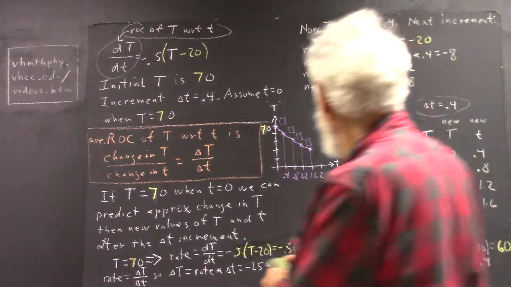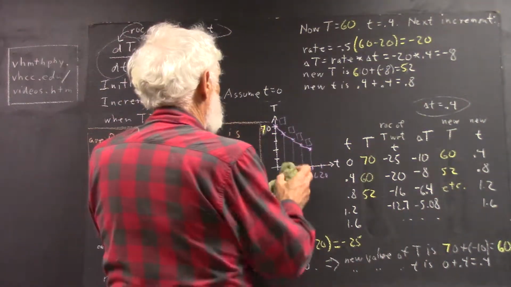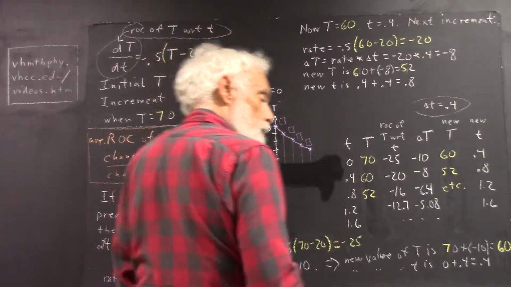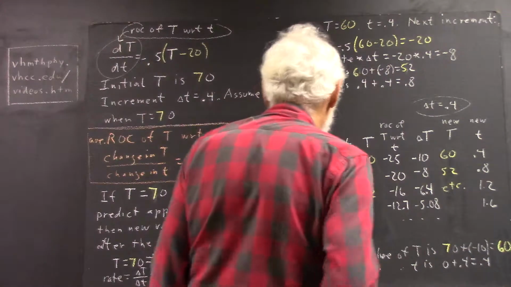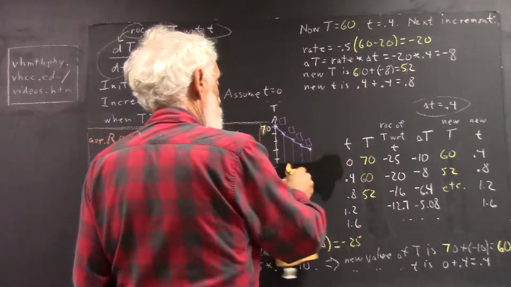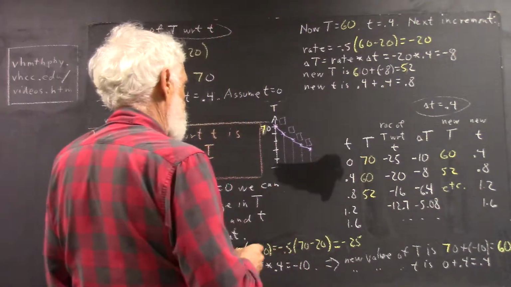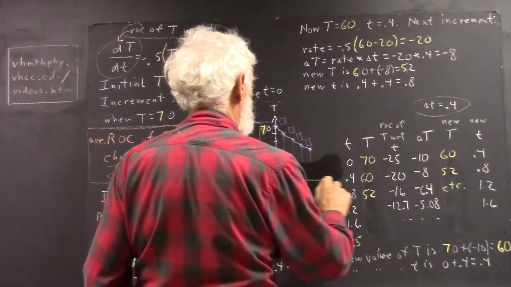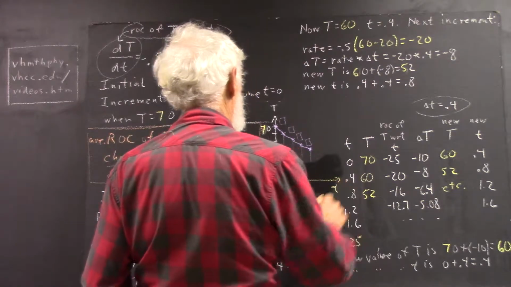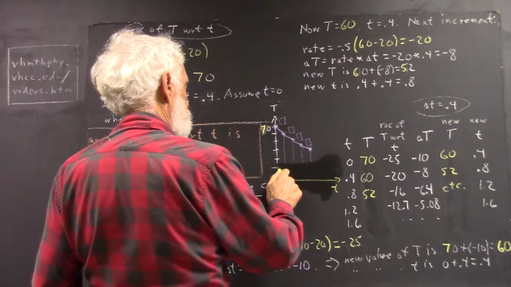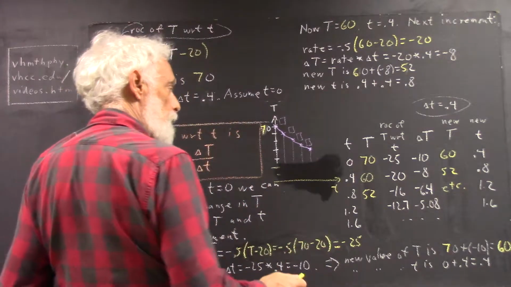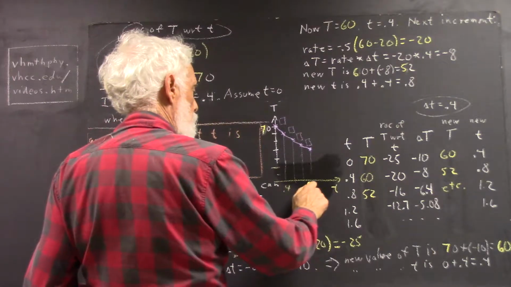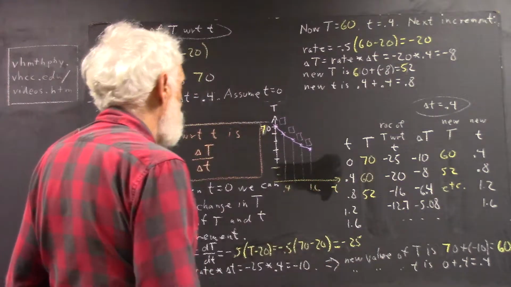Our vertical axis isn't quite right anymore, so we're going to have to change the position of our horizontal time axis. We have to have a couple more 10-degree increments before we get down to T equals 0. But now, here's our graph. I haven't labeled everything down here, but this is 0.4, this is 1.6, and so forth.